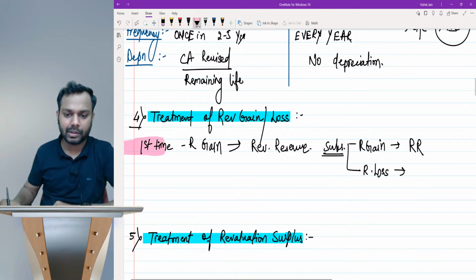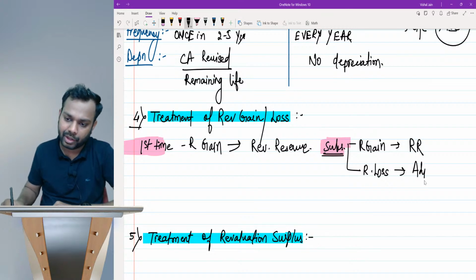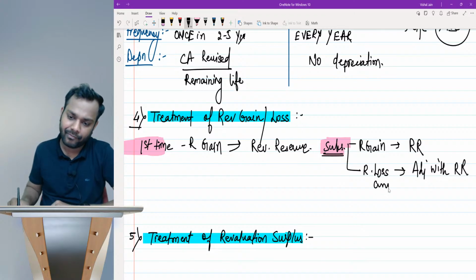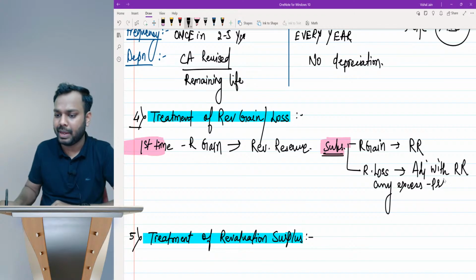You will adjust with revaluation reserve. But any excess will be transferred where? Any excess will be transferred to P&L.